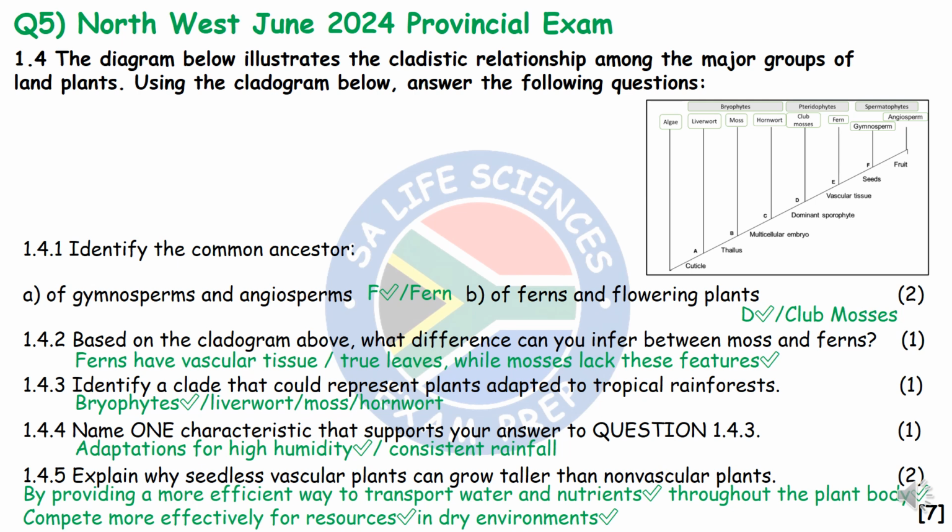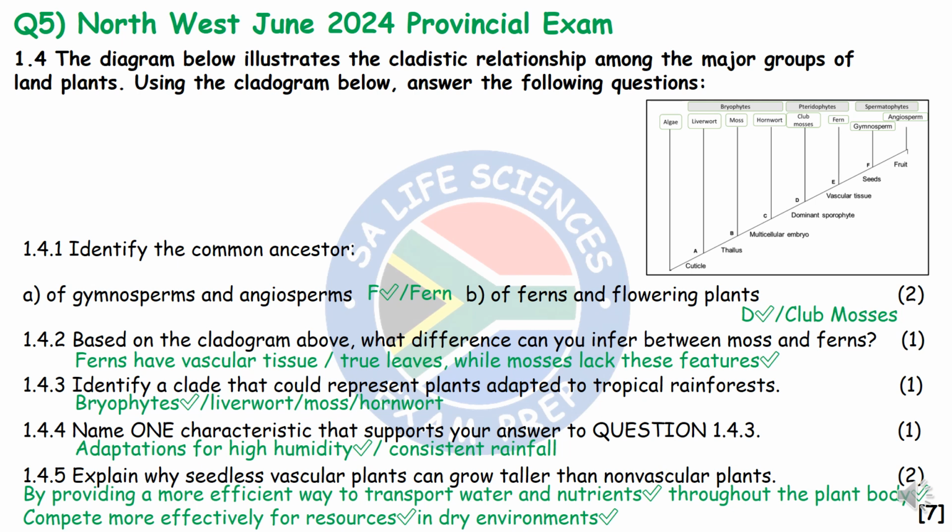Question 1.4.5, explain why seedless vascular plants can grow taller than non-vascular plants. So this was a question that we saw in the previous exam paper. So for this question, you have to refer to vascular tissue and say which vascular tissue these plants have.